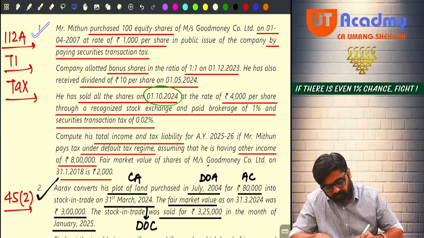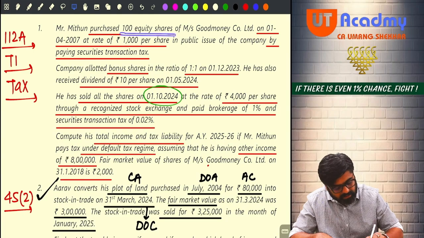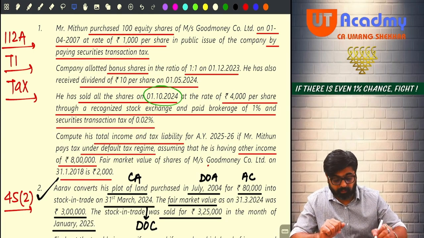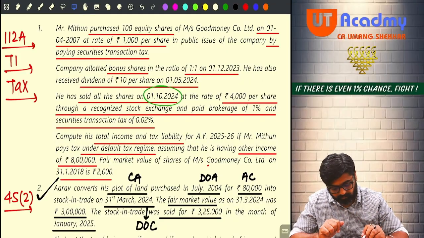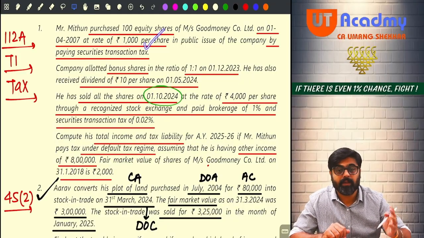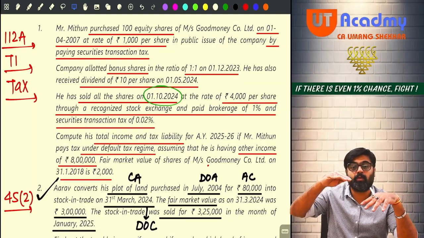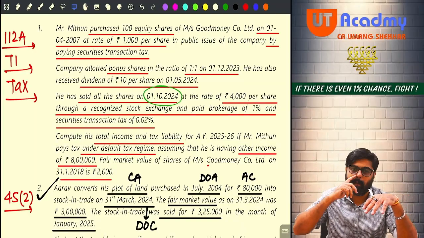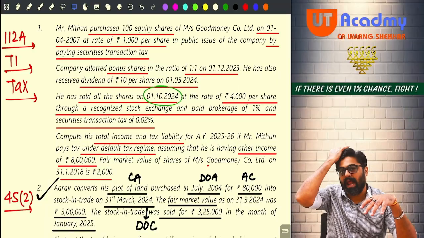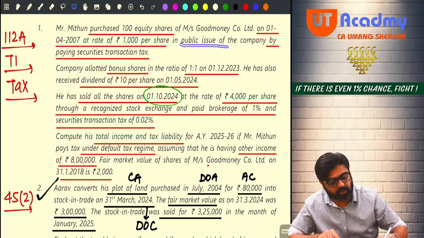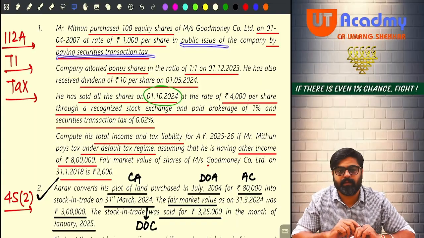Question 1. Mr. Mithun purchased 100 equity shares of Good Money Company Limited on 1st April 2007 at a rate of 1000 per share. Shares are purchased prior to 1st February 2018, in the public issue of the company by paying STT.